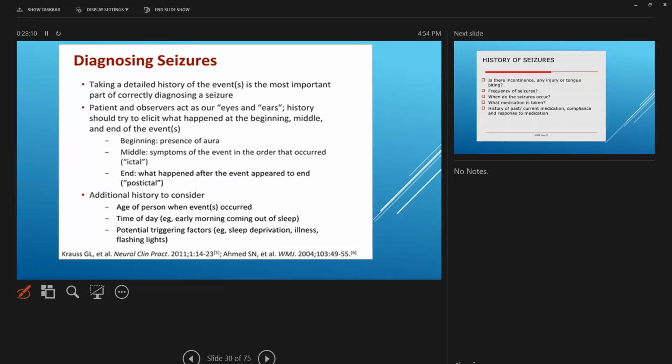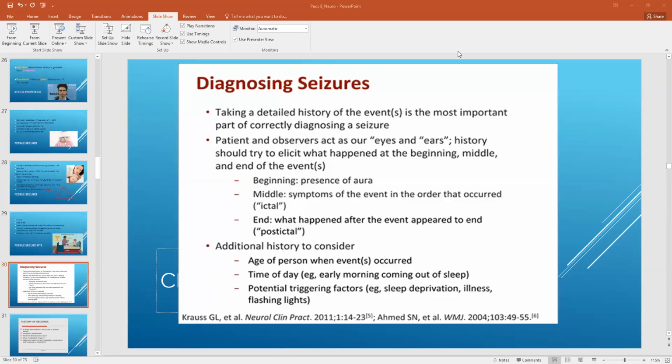So how do we diagnose a seizure? Well, the seizure is largely diagnosed from the observer of the seizure.